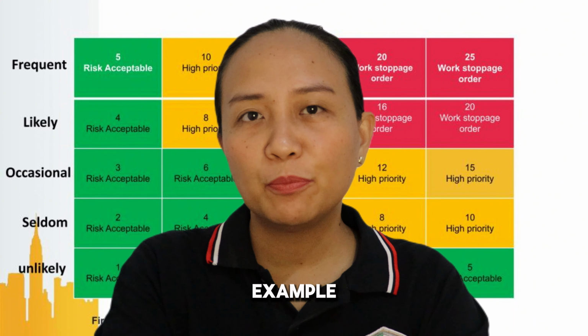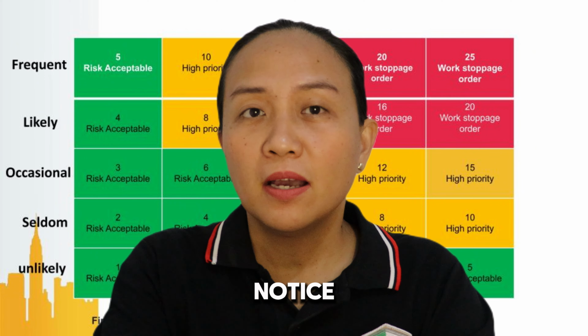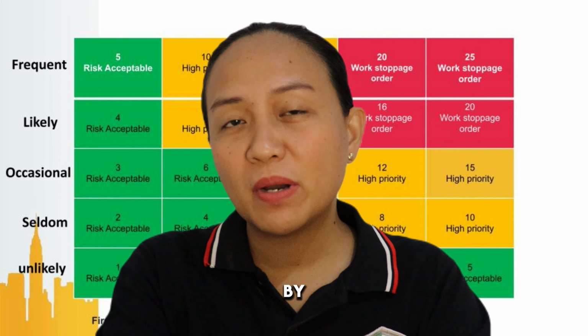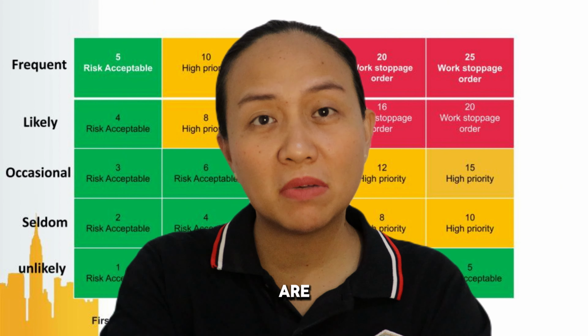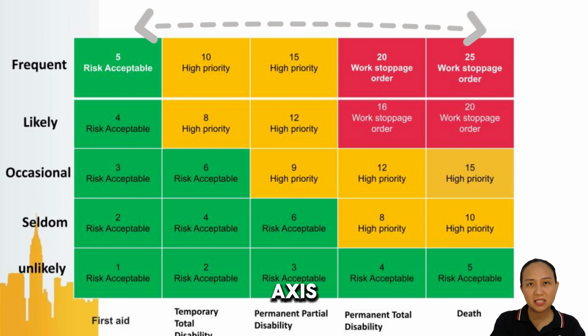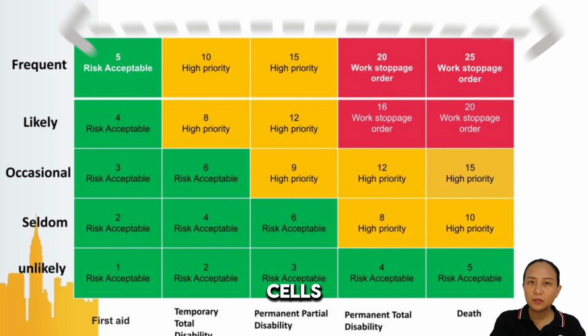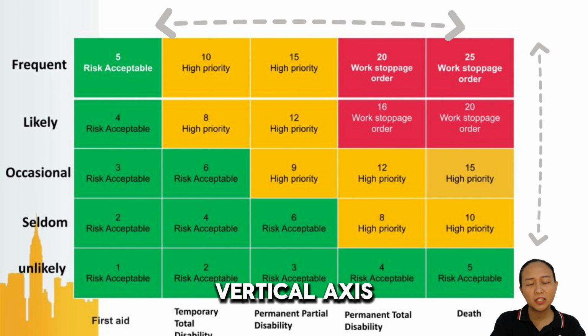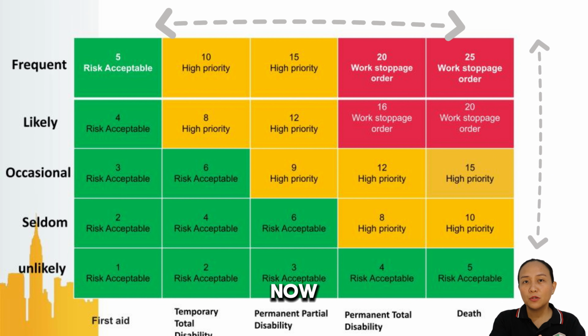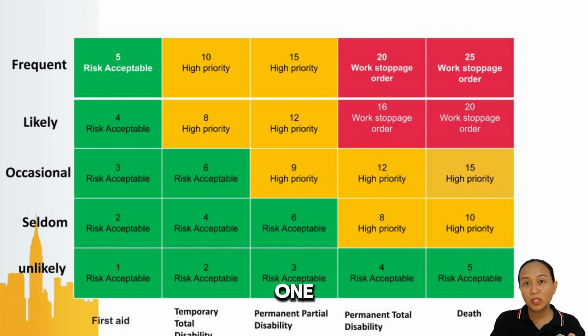So this is an example of a risk matrix. Papansin niyo po, this is a 5x5 matrix. Meaning po, may 5 cells sa kanyang x-axis or the horizontal at may 5 cells din po sa y-axis or the vertical. Now, the cells are numbered 1 to 5.